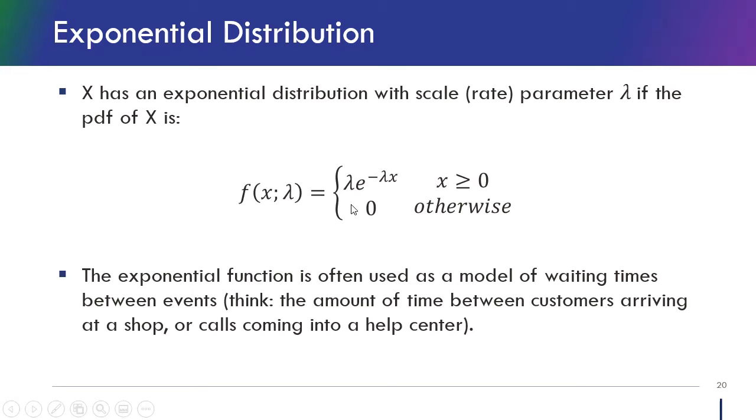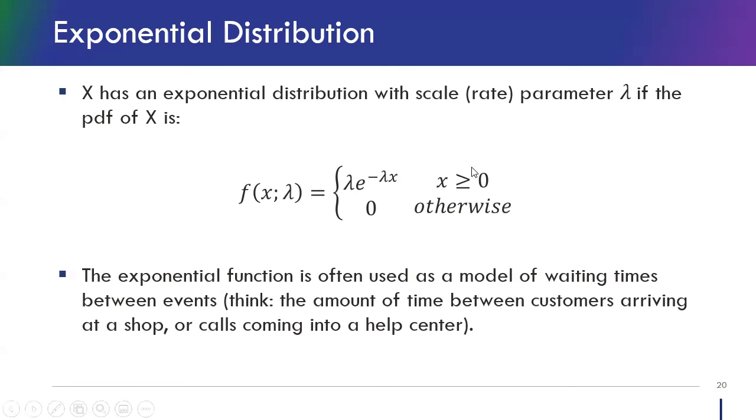From this, you can tell x can only be positive or equal to 0. This exponential function is often used when you model the waiting time between events, like the amount of time between customers arriving at a shop or phone calls coming to a help center.